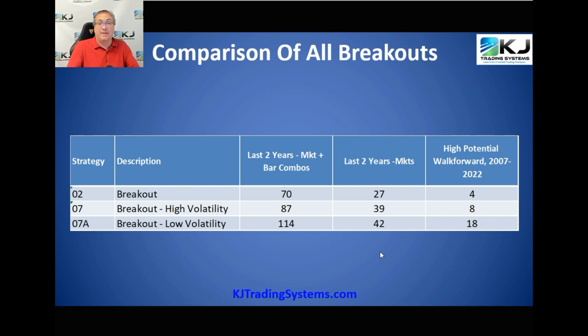So the commenter had an excellent point, and I verified it through my testing at least, that hey, the low volatility does seem to be better in general. Now you might be able to come up with systems that work with all three of those variations. You have to test it and see.